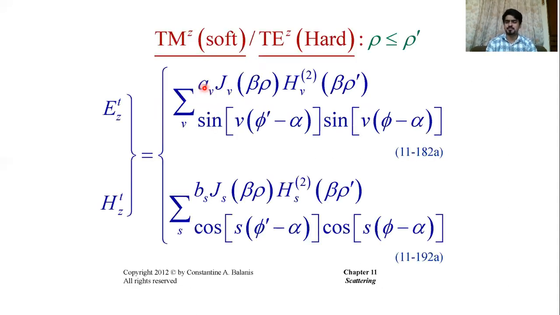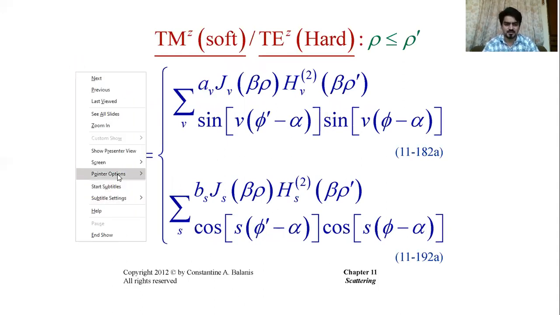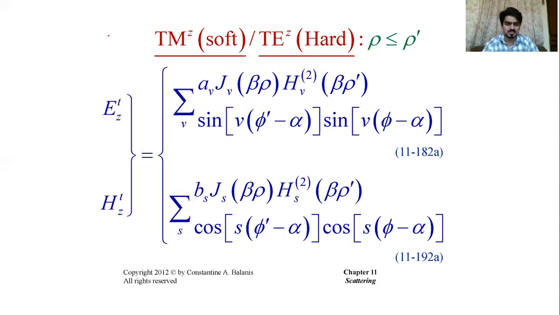As you remember, for the wedge, we consider a geometry like this. If we look at the geometry from the top side, this is your x-axis, and this angle is alpha in the phi direction. This is our perfectly conducting wedge, a cross section of the perfectly conducting wedge.